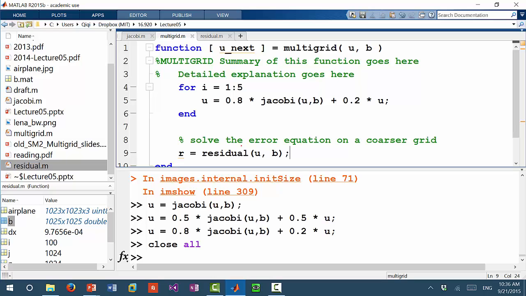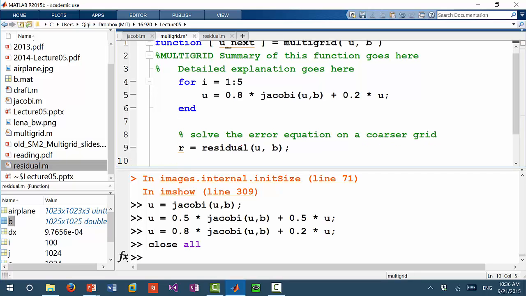Now it's the interesting part. We want to solve this on the coarse grid. So we have to transfer this R somehow to a coarse grid. And the easiest thing to do is just to take the value of R at every 2 grid points.